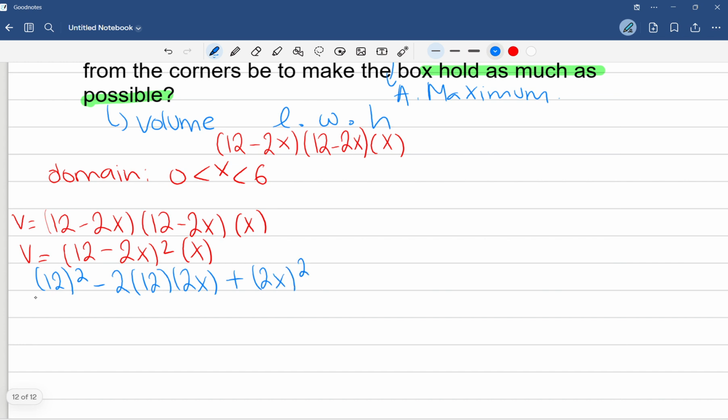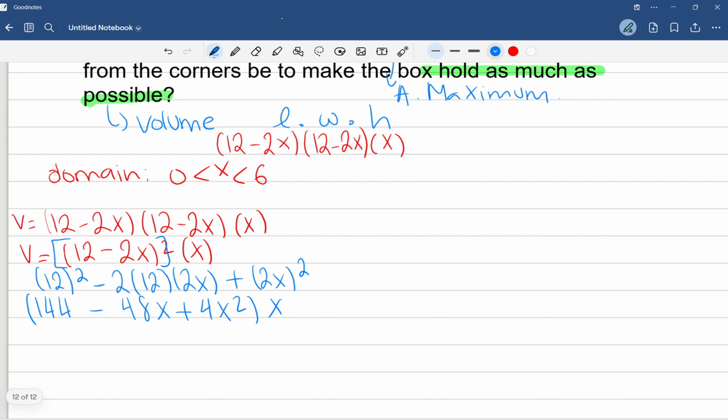Then I'm going to simplify this. I'm going to get 144 minus 48x plus 4x squared. So this is only this part. Now, don't forget that I still have this x here, so I'm going to multiply this by x.